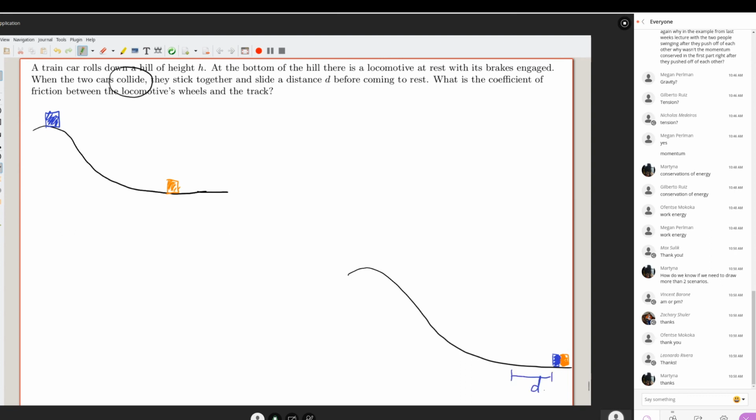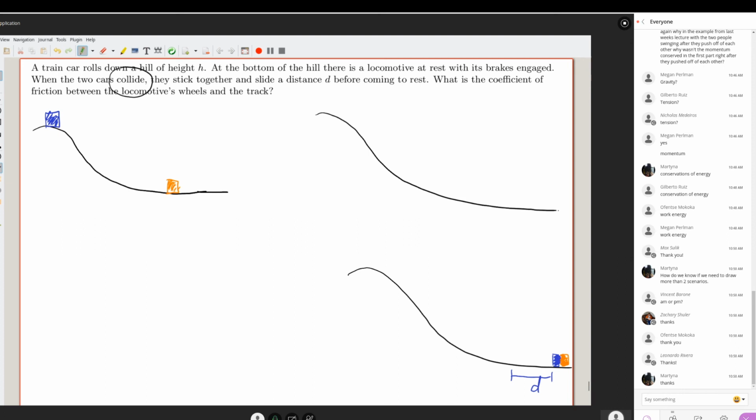But I know that conservation of momentum only gets me from right before the collision to right after the collision. So I know that I need an intermediate step, right? This will take me another 2 minutes to draw if anybody has classes after this one.